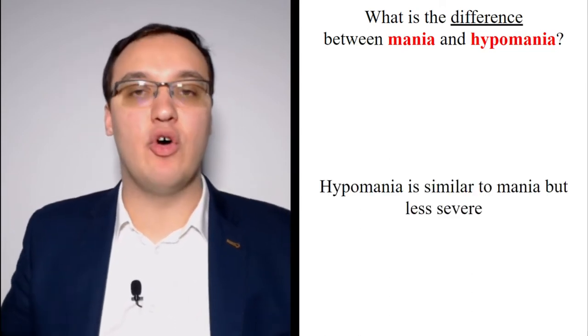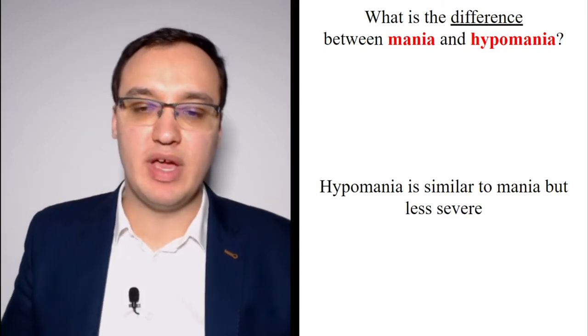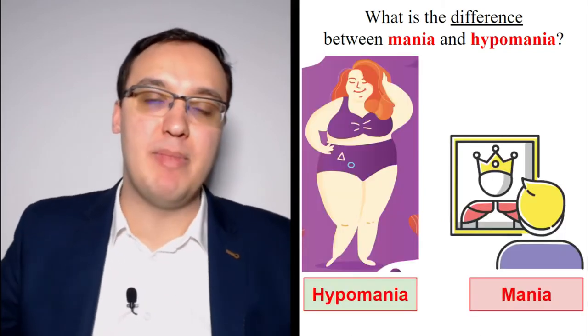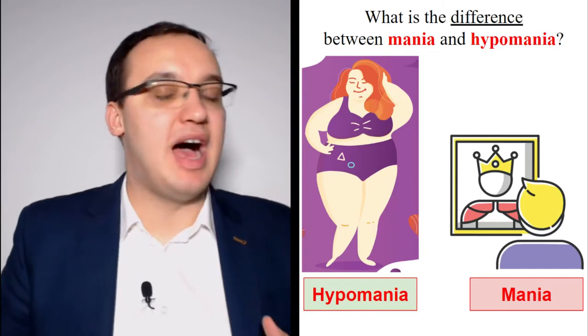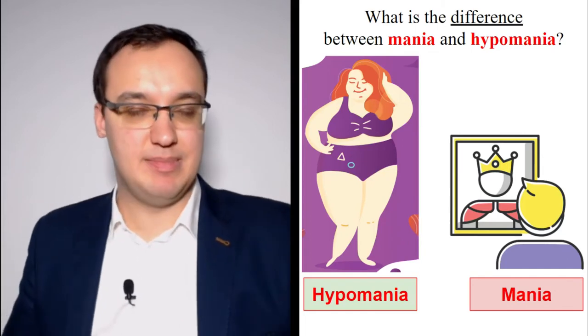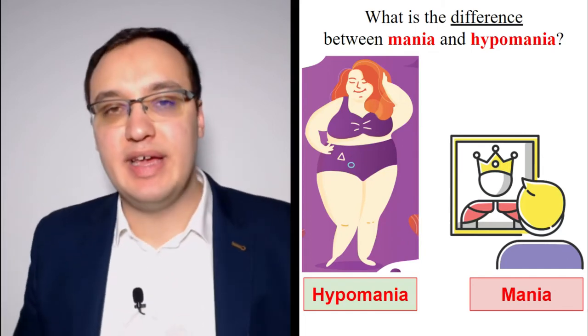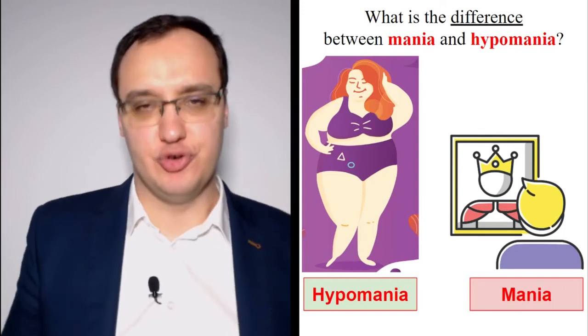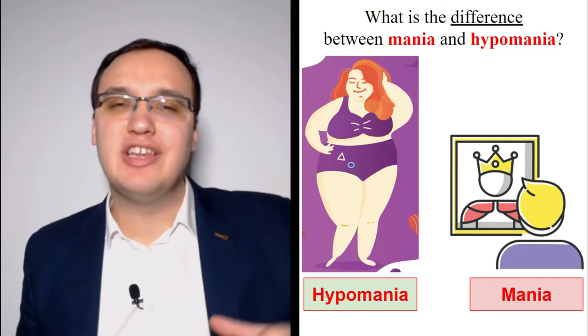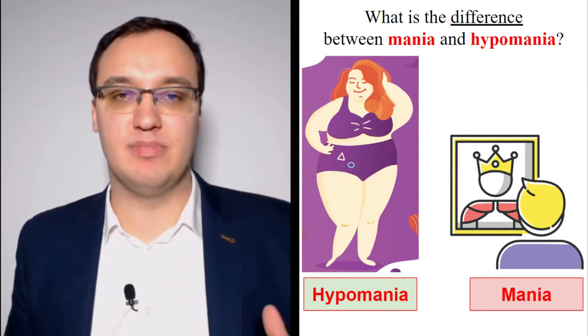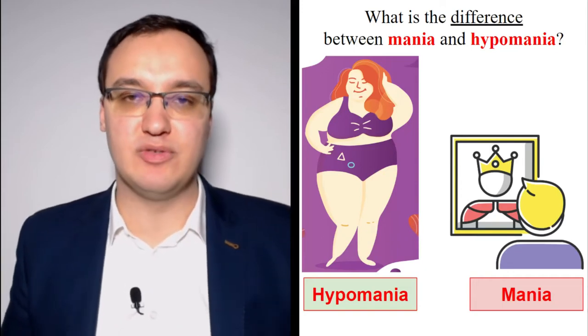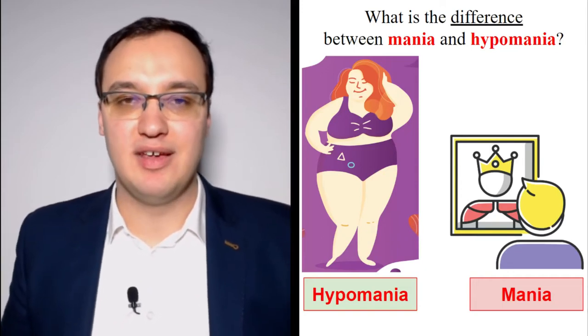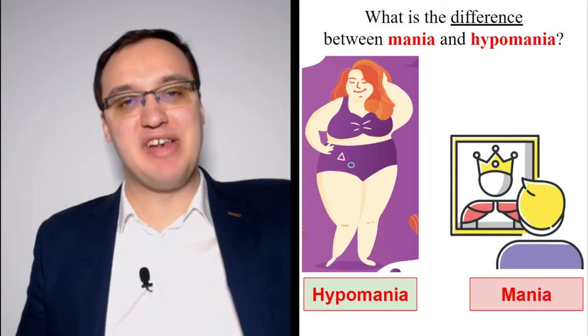Hypomania and mania are very similar, okay? But hypomania is less severe. A patient would say, I have a very good self-esteem and I'm talking quickly and I'm feeling good. You know, you're a little bit above the normal persons, normal people, okay? You think that you're a little bit better.